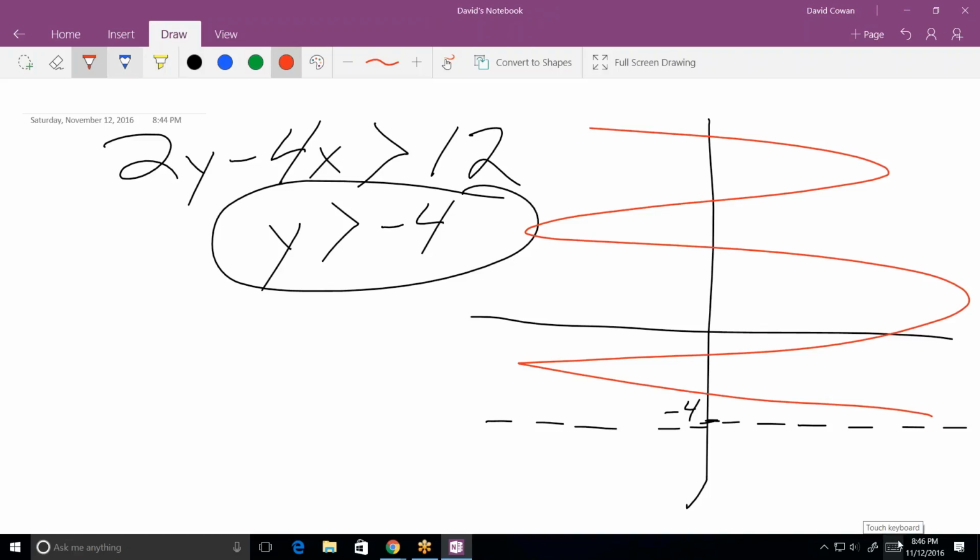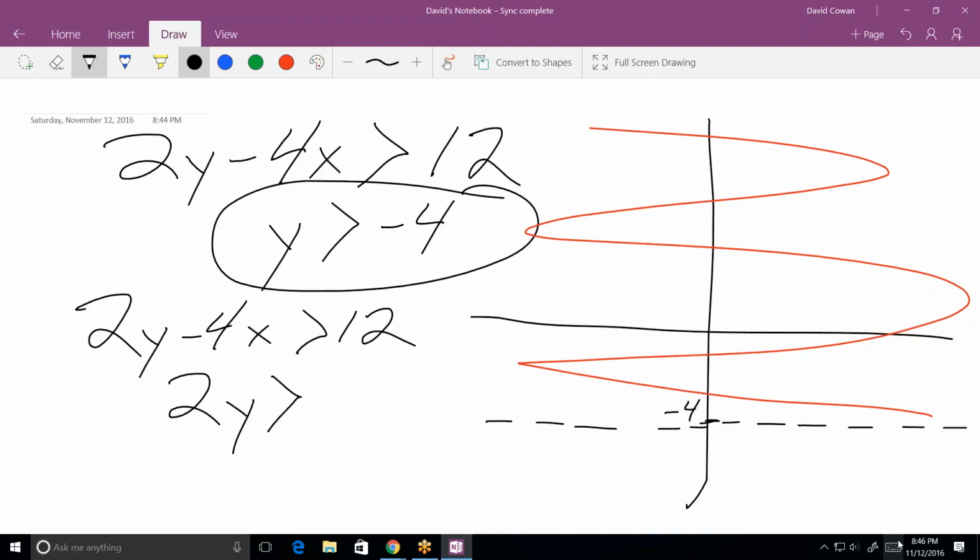And now let's go to the first inequality. In order to graph that, we have to put it into y equals mx plus b format. So let's start. What do I do as a first step? I want to add 4x to both sides. And I put the 4x first instead of the 12 because I'm trying to get the y is greater than mx plus b format.